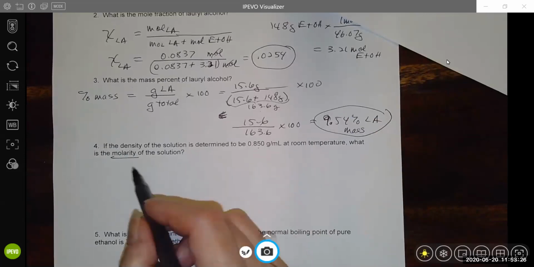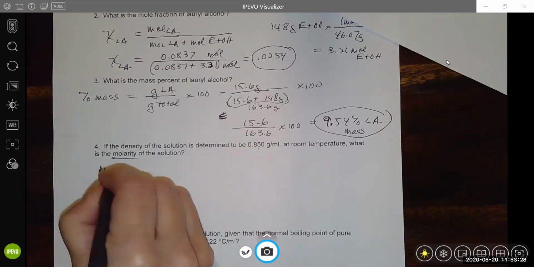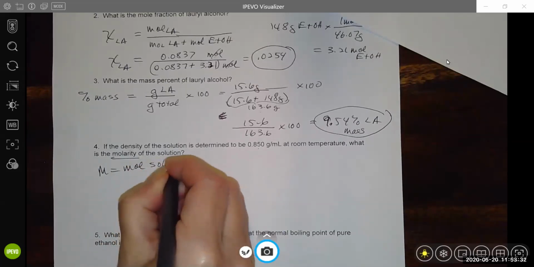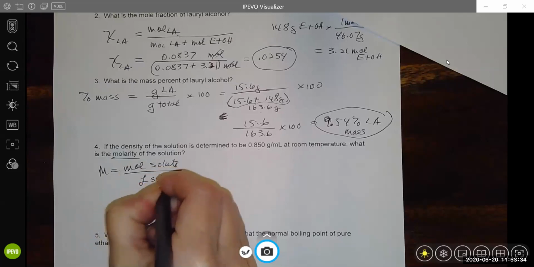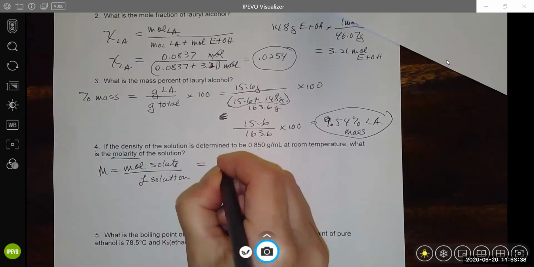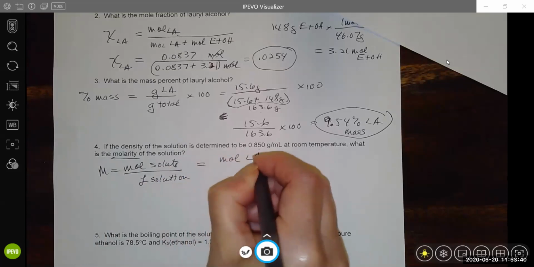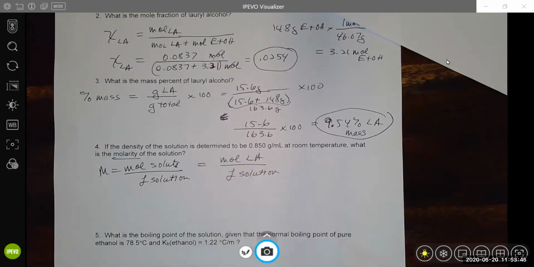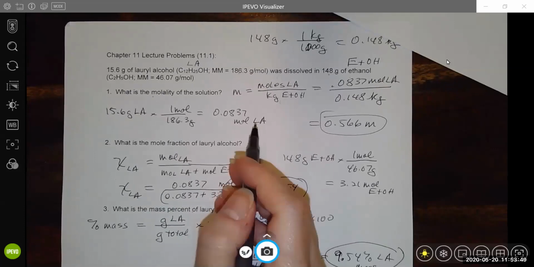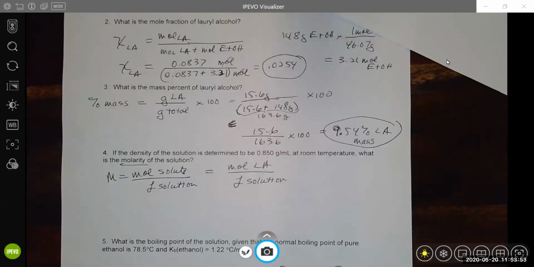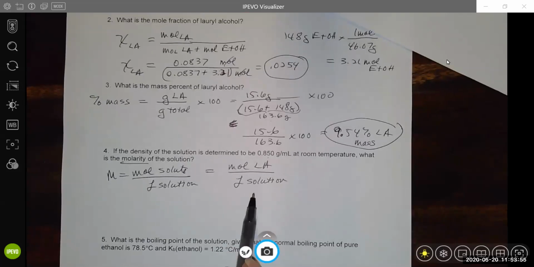So we want molarity, which is moles of solute per liter of solution. In our case, it's moles of lauryl alcohol per liter of solution. If we go back up here, I have my moles of lauryl alcohol. But what I don't have is anything to do with liters of solution.